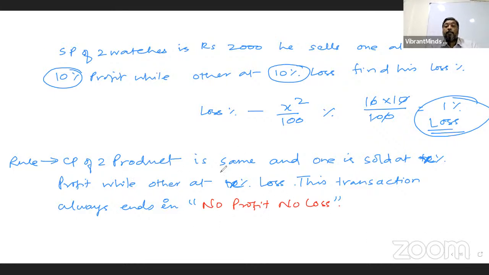Now let's take this. Let's go through this. Suppose cost price 1, cost price 2. Cost price 1 is 1500. Again, cost price 2 is 1500.